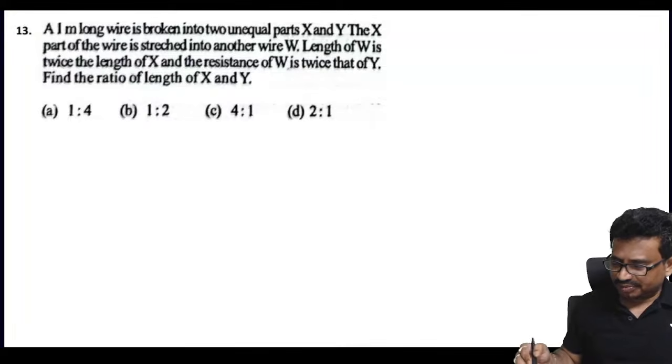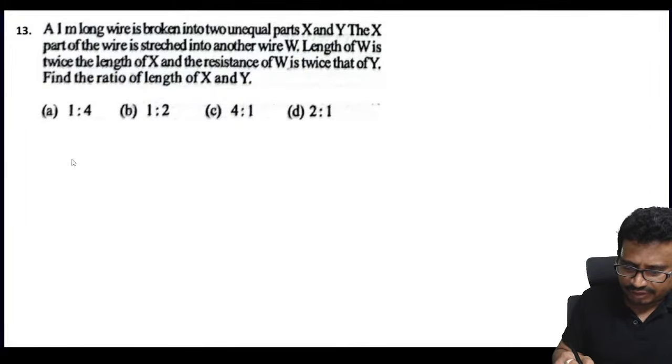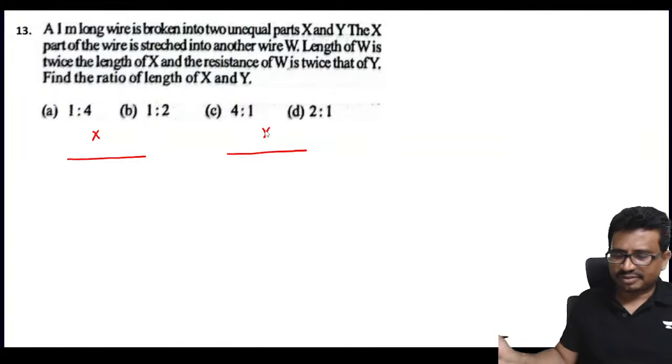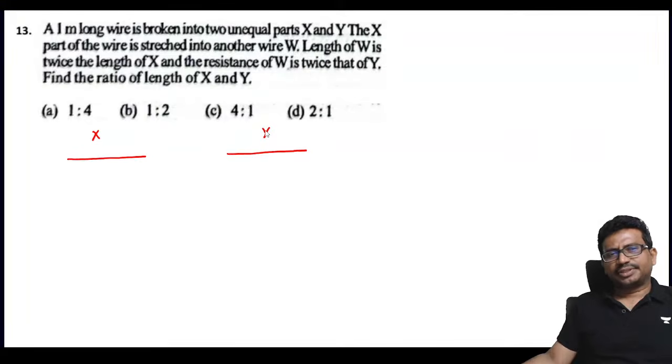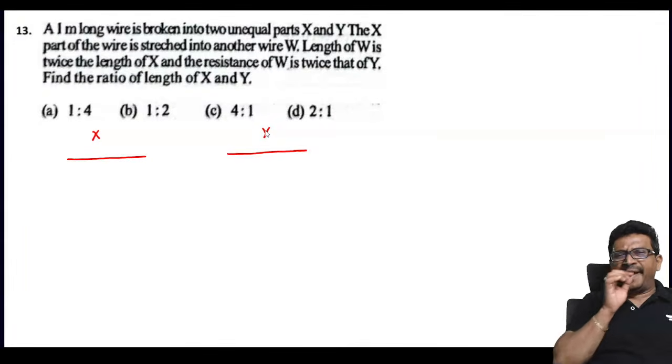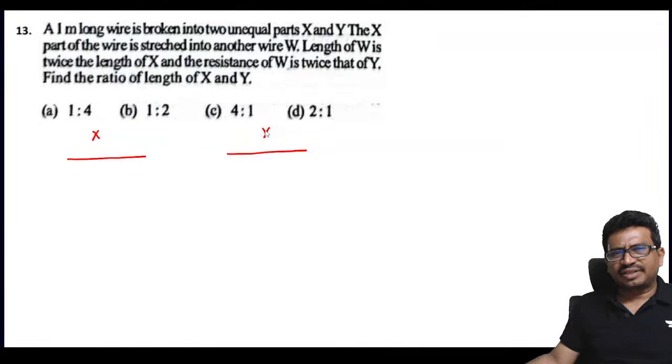So did you understand the problem here? I have this wire, a 1 meter wire, which is broken into two unequal parts. If I call this the X wire and this the Y wire. Now, the X part of the wire is stretched into another wire.